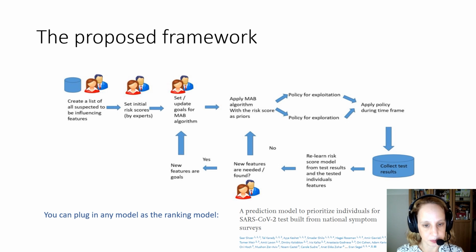So as we can see, at 10,000 tests per week, which is about 2% of the tests during that week, we get a recall of 34% out of the total positives this week.